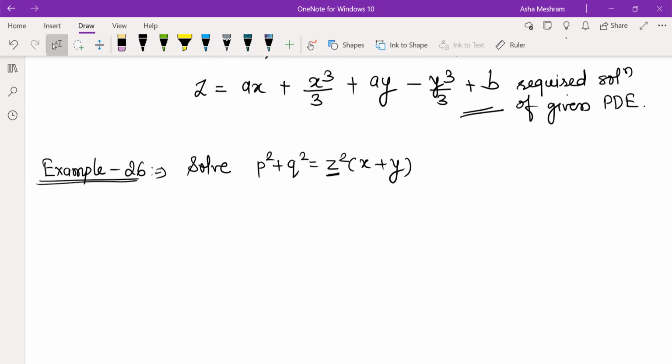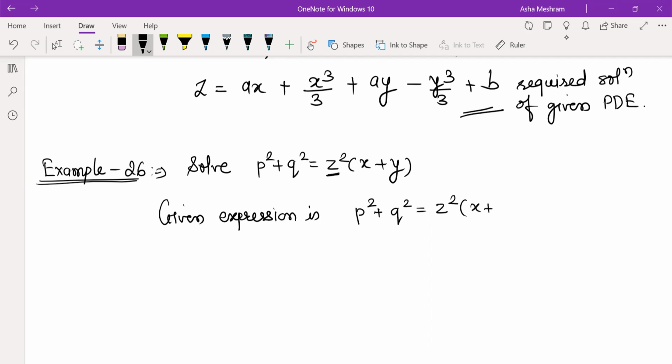So we write very first your given expression is p square plus q square is equal to z square into x plus y. Bring this z square here, so this expression can be written as p square plus q square upon z square is equal to x plus y.